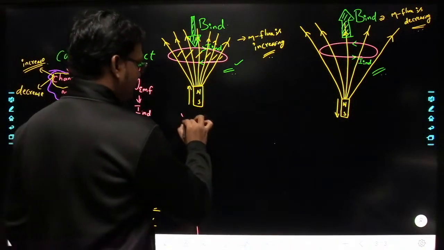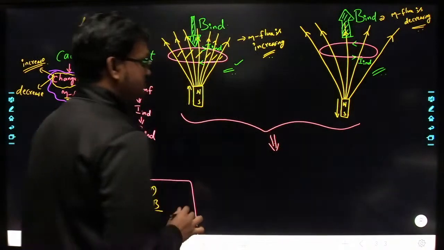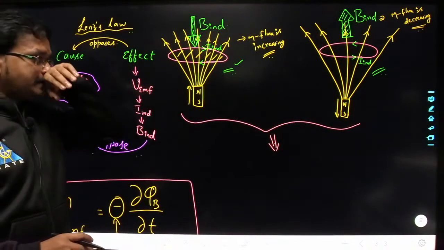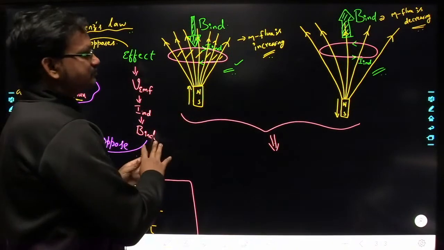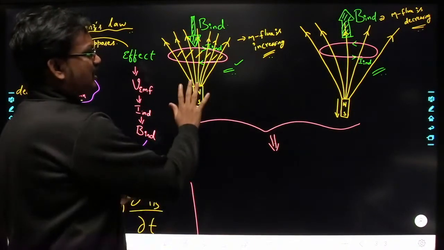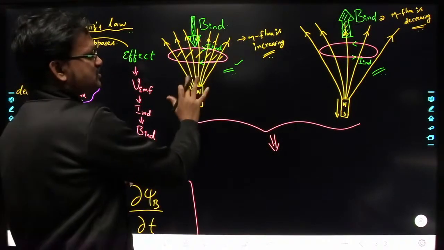From these two, what we can observe here is, from this Lenz's law, whenever the number of field lines that are penetrating through the loop are increasing, this is the direction of the B field.